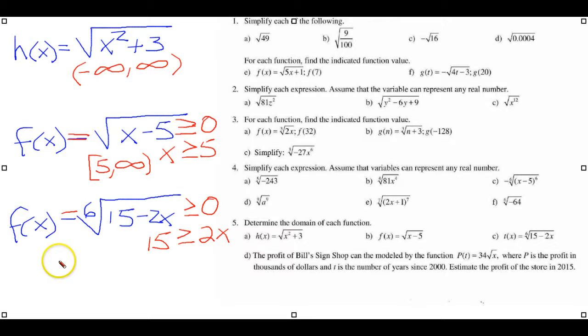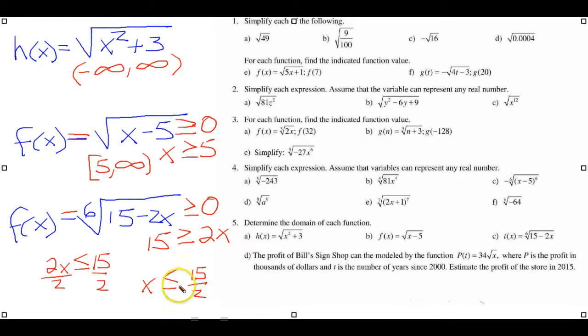But let's write it this way so you don't get confused. 2x is less than or equal to 15. I'm just changing the direction. Remember, the point is toward the 2. Now we divide both sides by 2, and we get x is less than or equal to 15 halves.